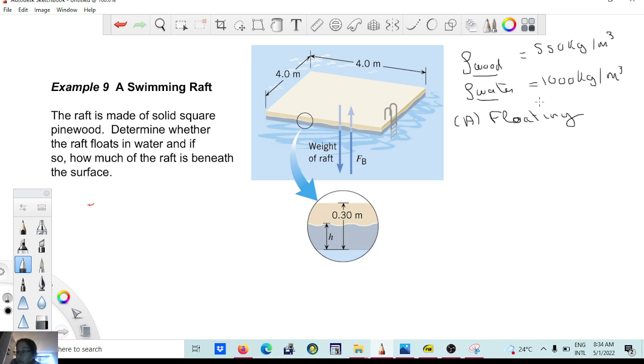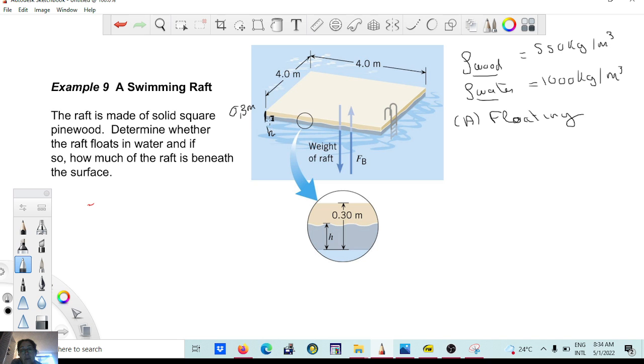Okay, we did that work before. And then what does it say? How much of the raft, of the platform, is beneath the surface? So you know that the total height here is 0.3 meters, and that part of the platform is small h.